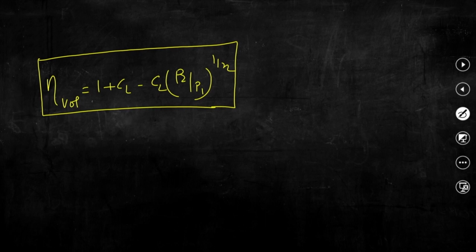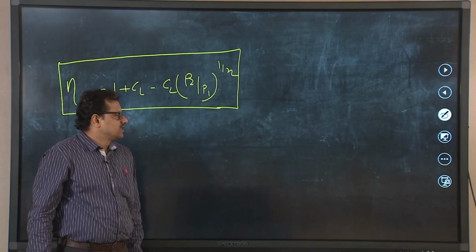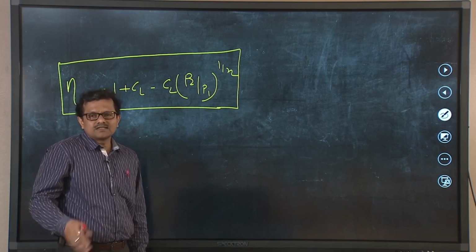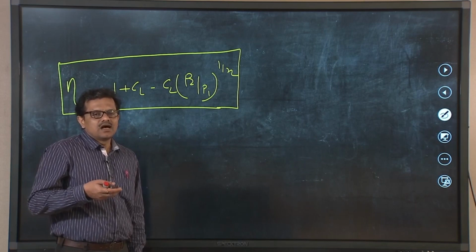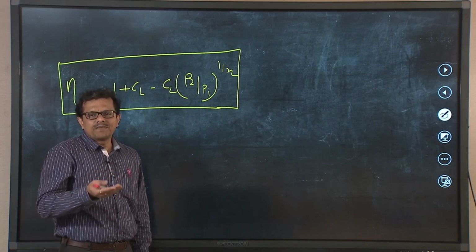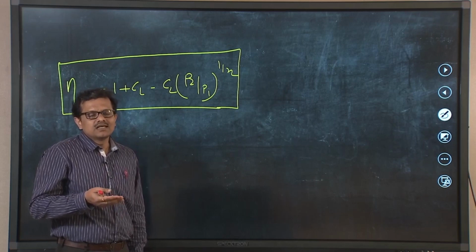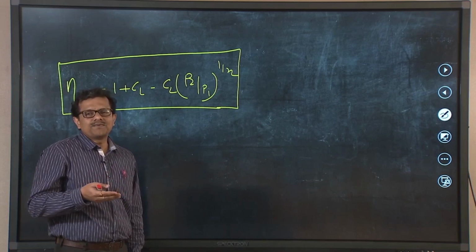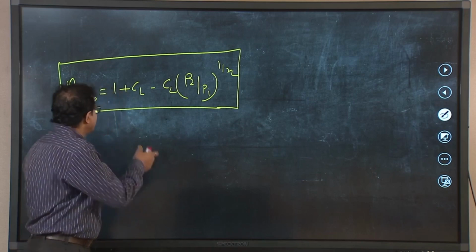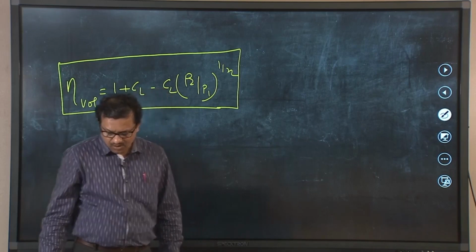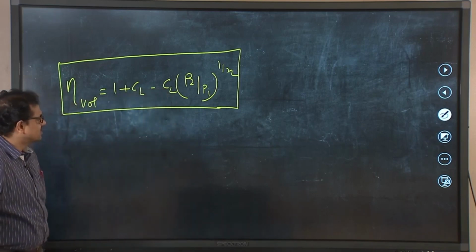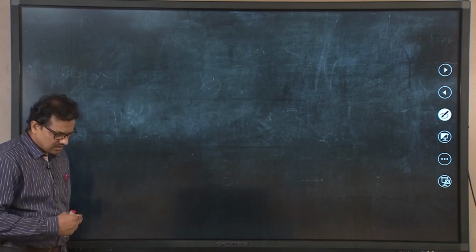The possible reason is the leakage, because if we need to raise high pressure of the working fluid through the compression process, certainly leakage of the working fluid will be there, and hence it will eventually reduce the volumetric efficiency.